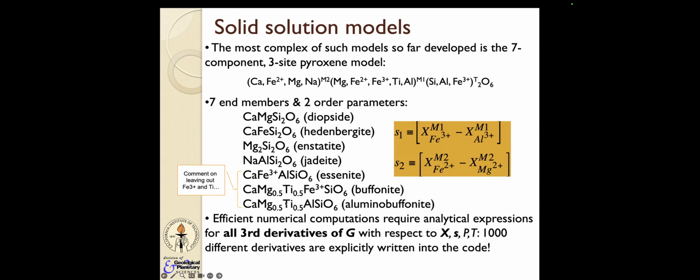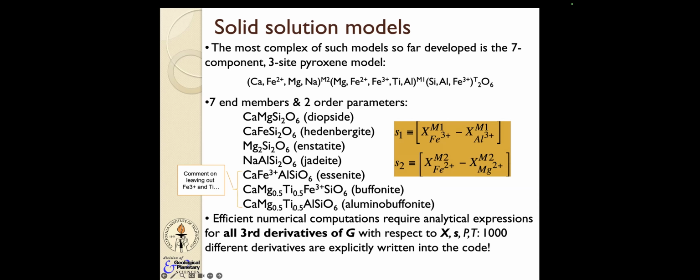But one result of that is if you try to use MELTS in a simplified system that, let's say, has aluminum, but it has no ferric iron and no titanium, for example, right? No titanium means that the amount of buffonite must exactly cancel the amount of alumino-buffonite, so the titanium adds to zero. And computers make round-off errors. They can add a positive number and a negative number that they think are the same, and they add to -2 times 10 to the minus 16.